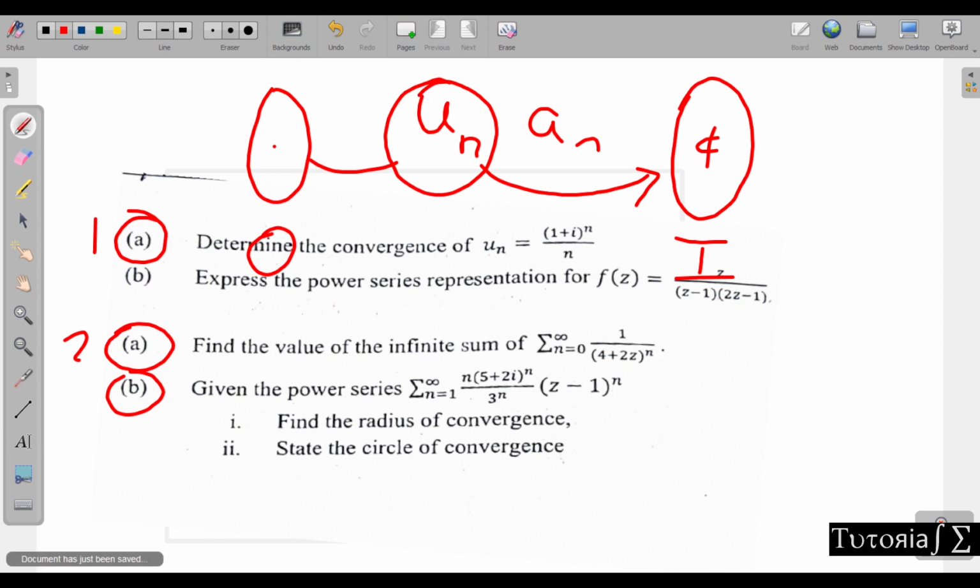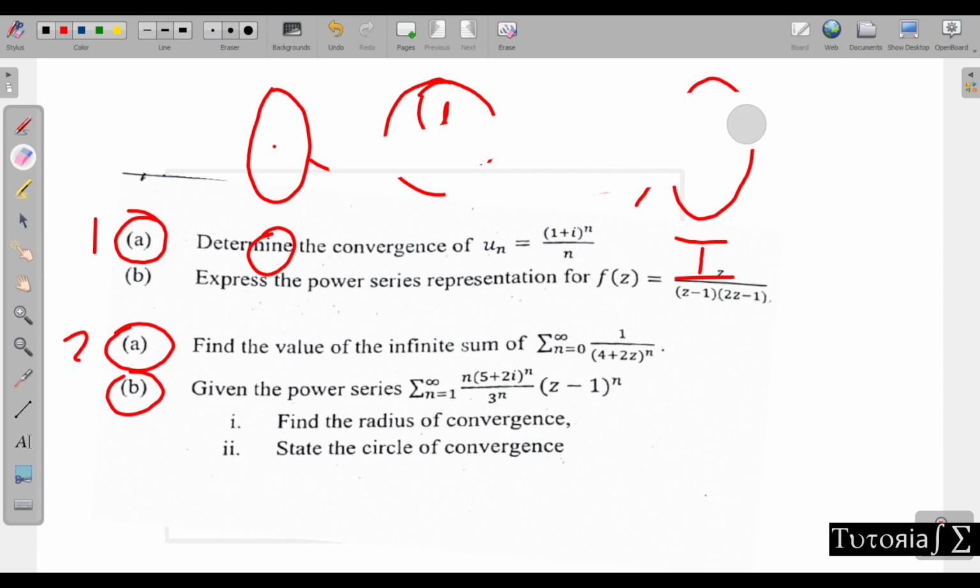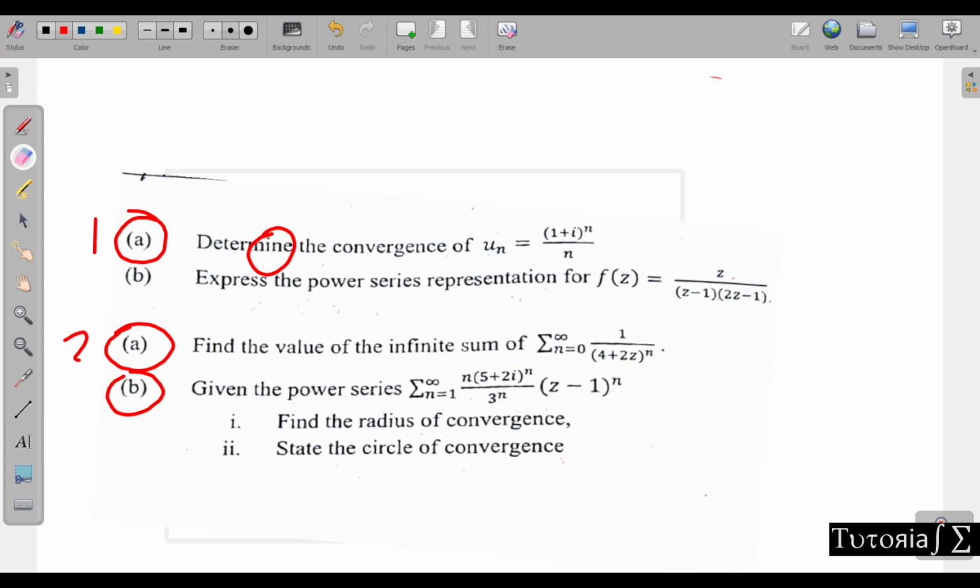If we can't find the image at infinity, we say the sequence diverges. So for sequences, to determine if they converge or diverge, you will be finding the limit of that sequence, un or an, as we are approaching infinity.